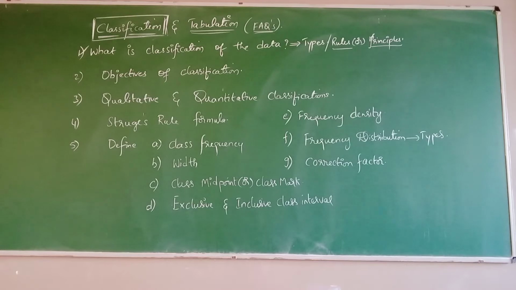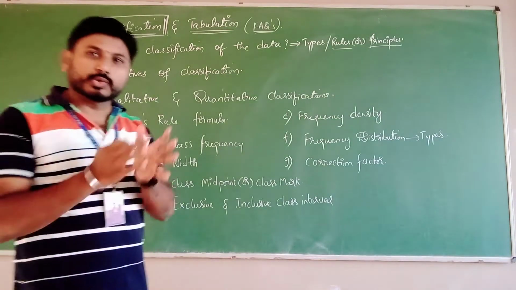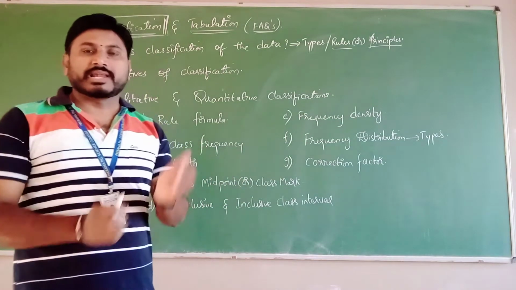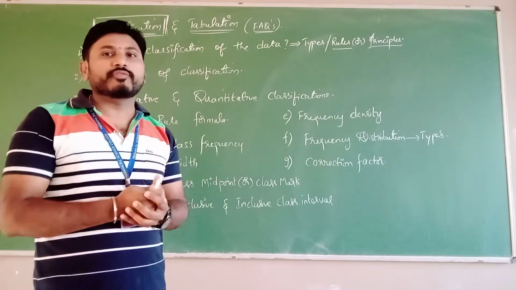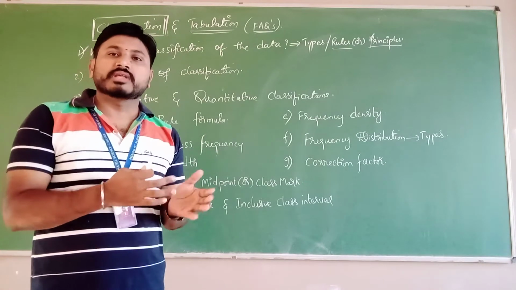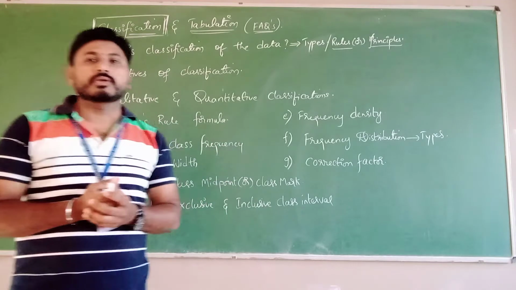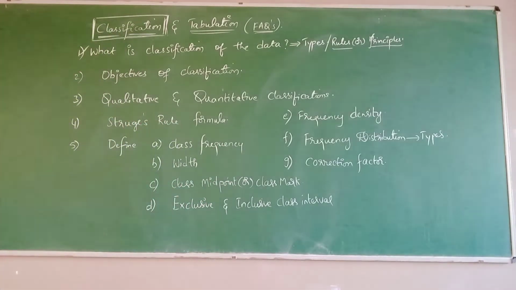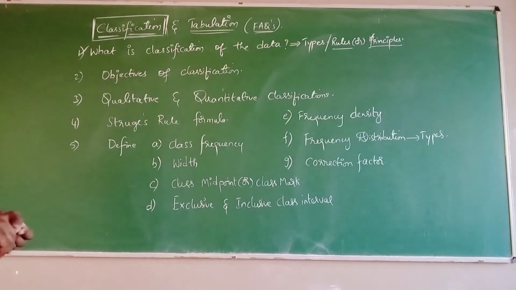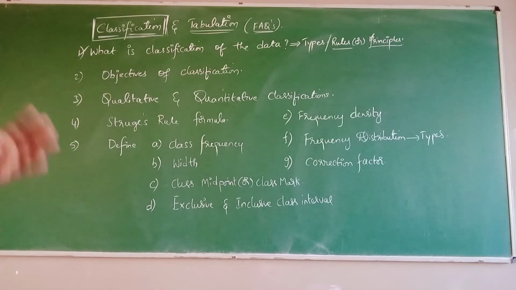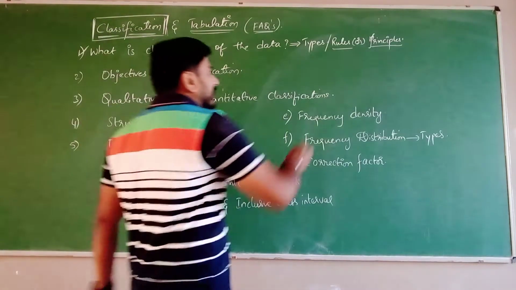Now what are the rules and principles of classification? There is no strict rule for classification. Generally we have normal principles or rules for grouping the data into classes. Rule number 1: the number of classes should generally be between 4 and 15. That is the first rule.